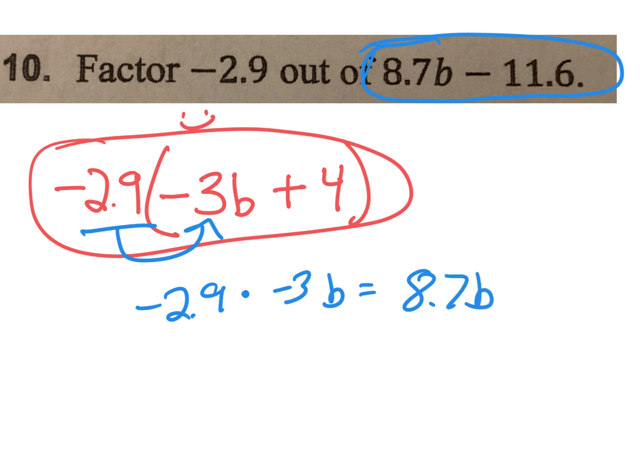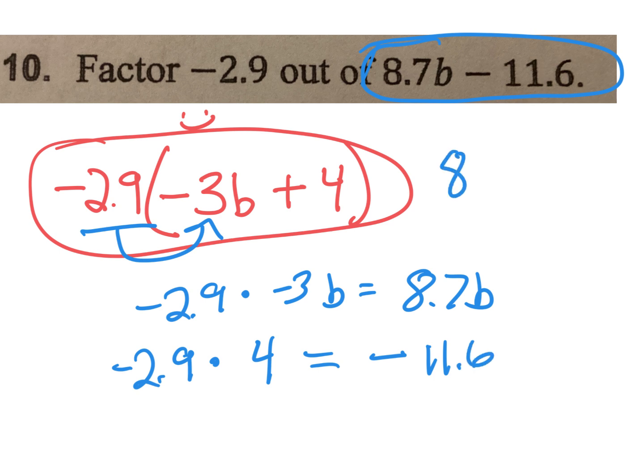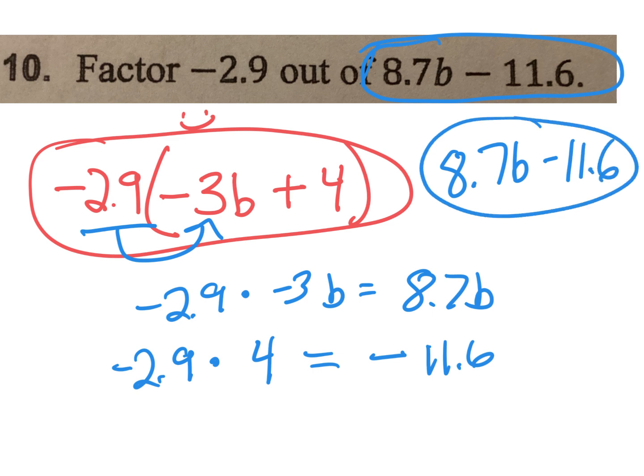And then when I do negative 2.9 times 4, a negative times a positive is going to give me a negative, and 4 times 2.9 gets me 11.6, and so I have 8.7b minus 11.6, and those are the same, so this is correct.